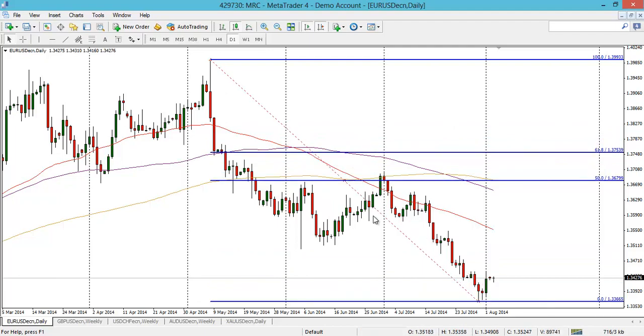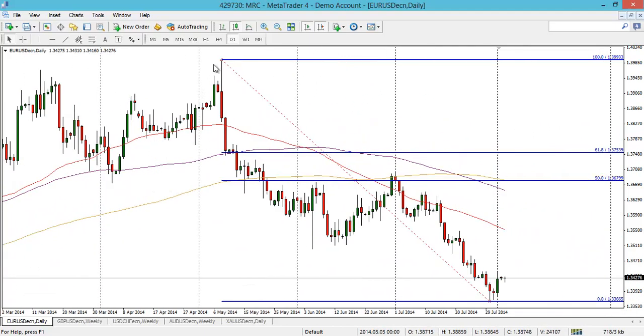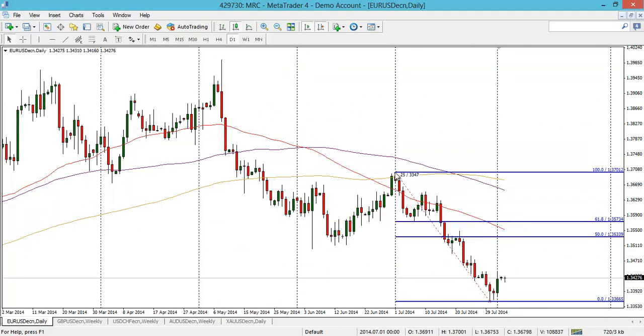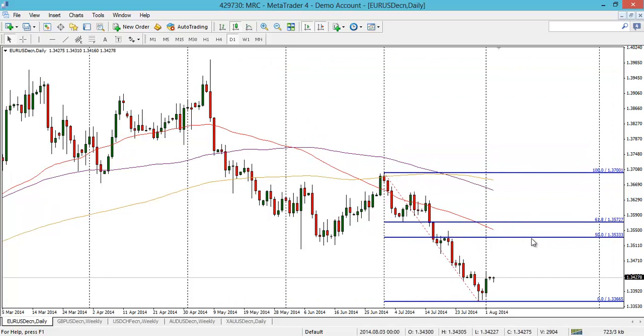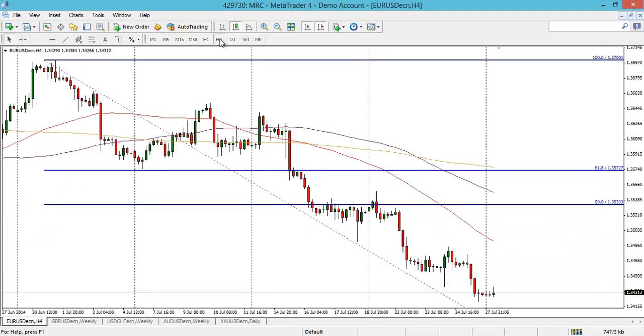So the next swing high, I think a lot of people will be looking out for. We should get some interesting price action if we do get to the 50%, and interestingly, it coincides with previous support around there and previous resistance as well. You can see that candle there. So this 50% comes at 1.3533. If we do get some sort of rotation towards the upside this week, which I think is very likely, then that should be an interesting move to keep an eye out for.